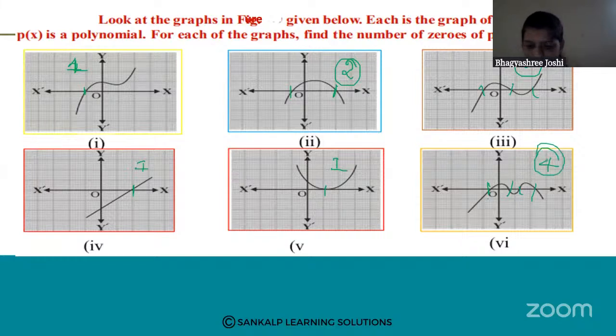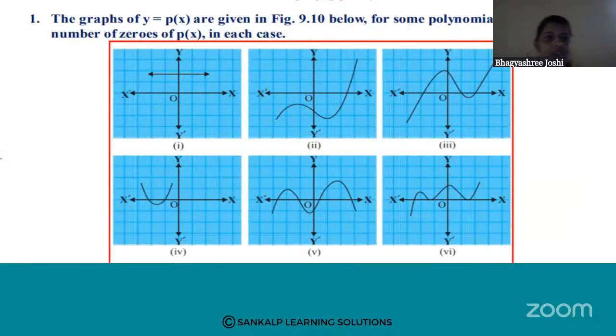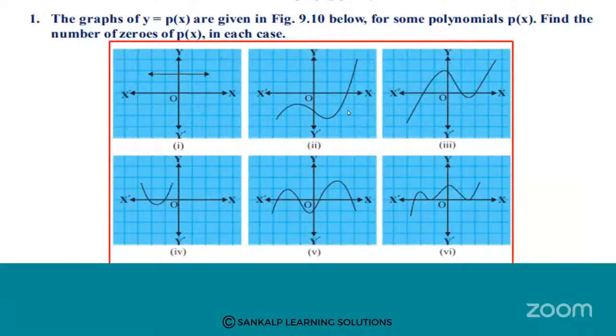Next, here also some graphs are there. In this case, how many zeros does it have? It is not intersecting, so no zeros. Next, in this case, no zeros. In this case, how many times is it intersecting the x-axis? Only one time. Therefore, 1 zero.